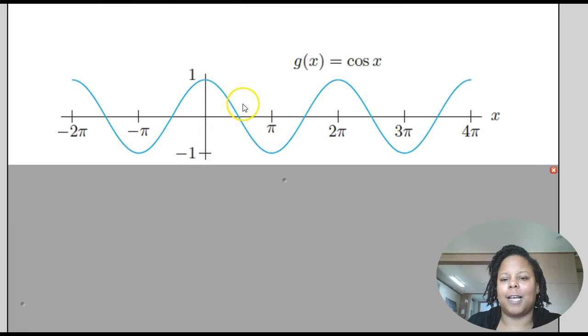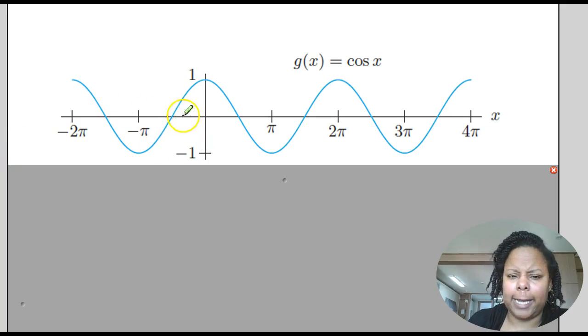Now let's take a look at the cosine function. As you recall, what we did last time was we looked to see where the cosine function had the highest slope of the tangent line, and it seems to be at this location, which means that if I were to graph the slope of the tangent line, it would be at its highest.